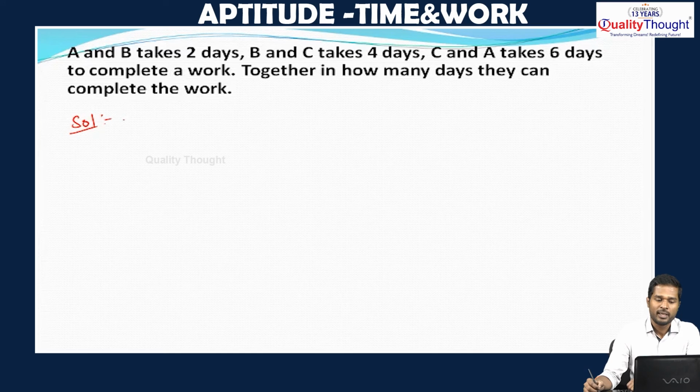So that means A plus B, plus B plus C, plus C plus A, is 2 times A plus B plus C, because it is 2A plus 2B plus 2C. The 1 day work is 1 by 2 plus 1 by 4 plus 1 by 6.